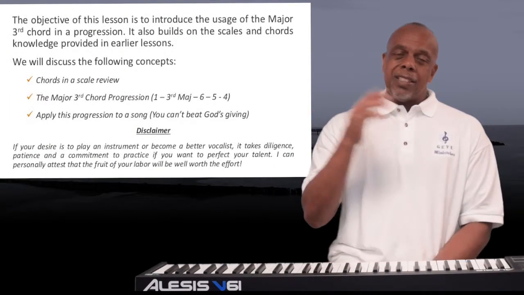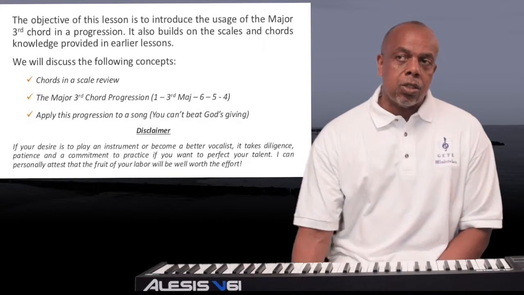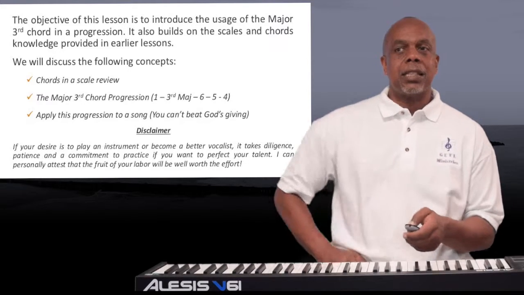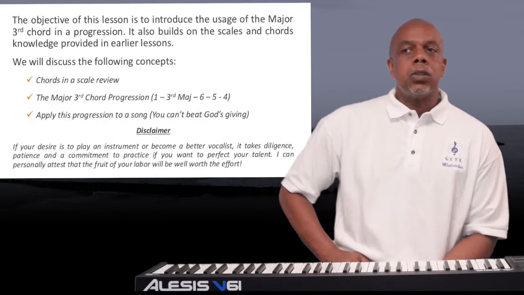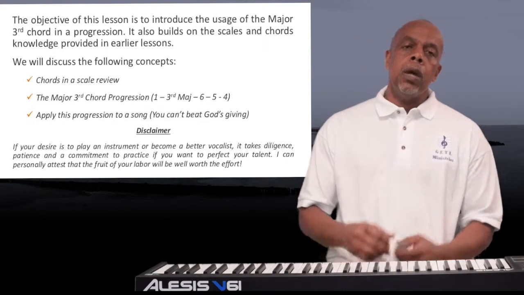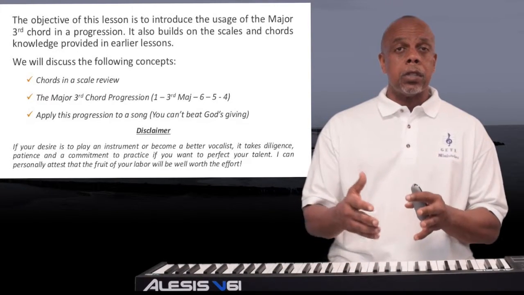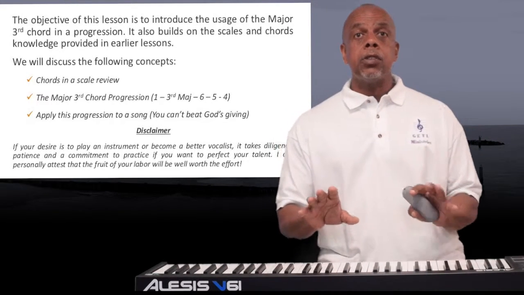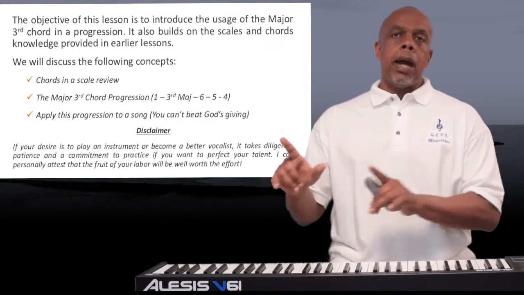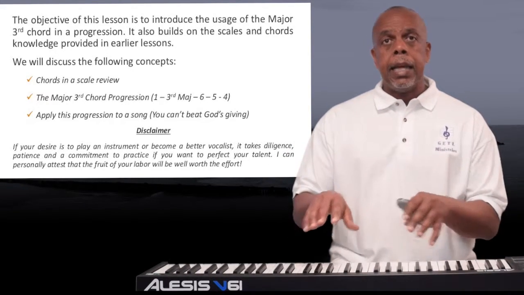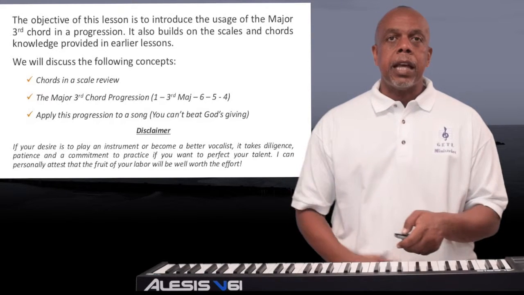So, objective, as always, of this lesson is to show you how to use some type of chord in a progression. Today it's the major third. We're going to do a really quick review of some of the things we've taught in our earlier lessons on how to build a scale and the chords within a scale. We're going to be in the key of C. If you have questions, go back and look at some of our earlier videos on the site, and it will break some of these things down for you.